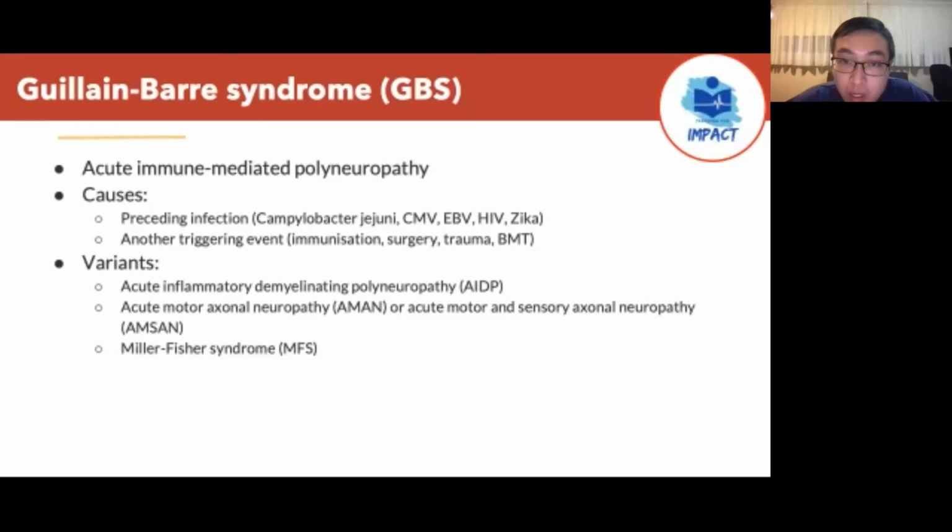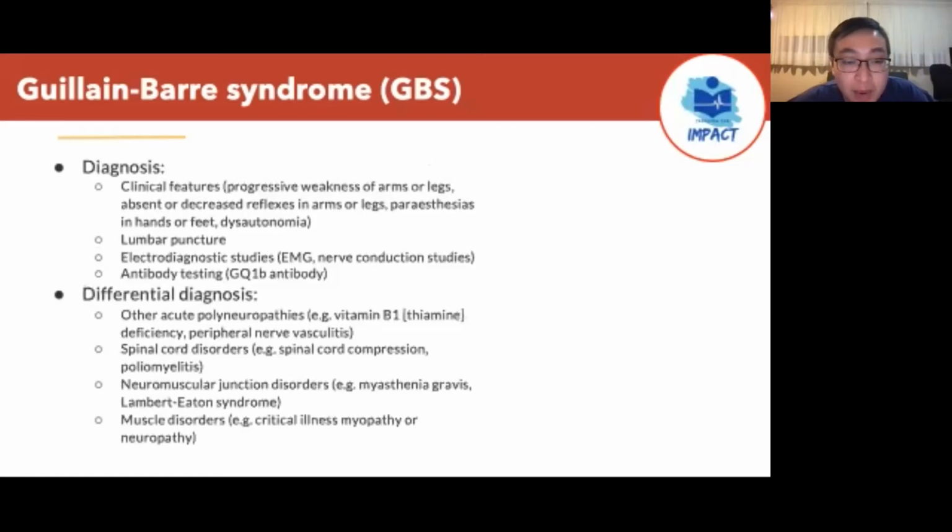So you can do a serum GQ1B antibody test, and if that's positive, that pretty much clinches the diagnosis of Miller-Fisher syndrome. GQ1B is strongly associated with ocular motor nerves, which is why Miller-Fisher syndrome has eye predominance. So those are the most common variants of Guillain-Barré syndrome.